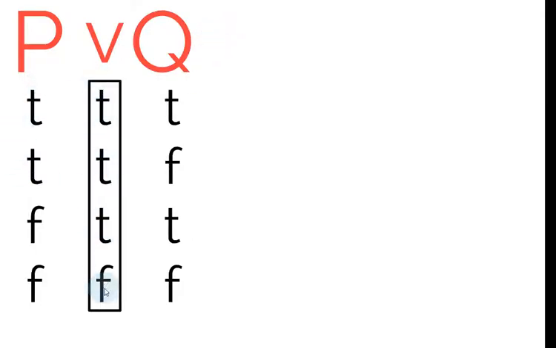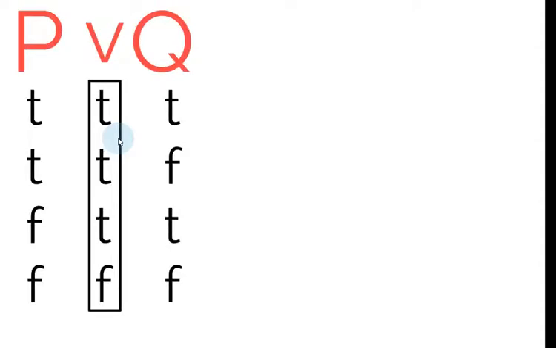But this middle column is different than it was for the conjunction. Conjunctions are much harder to make true. In a conjunction, both sides have to be true, whereas in a disjunction, only one side has to be true to make the overall statement true. But if both are false, then the whole statement is false.